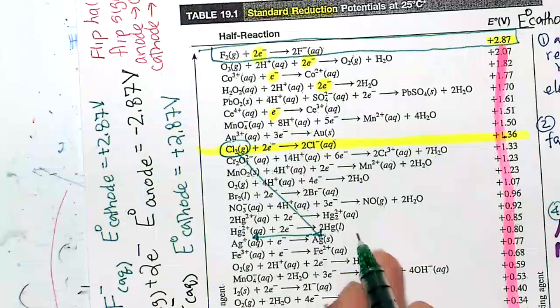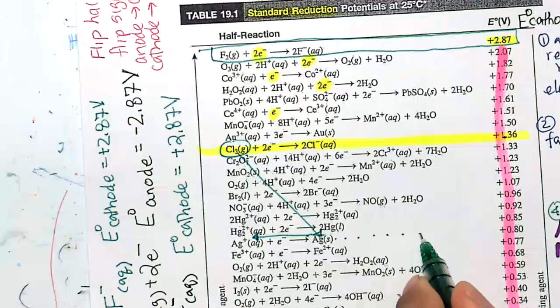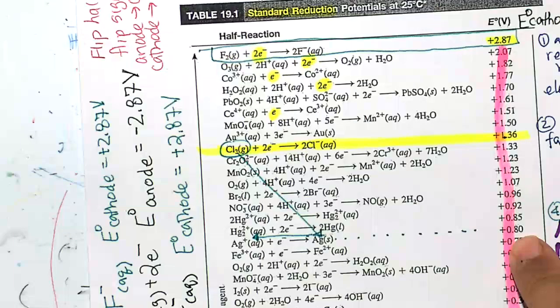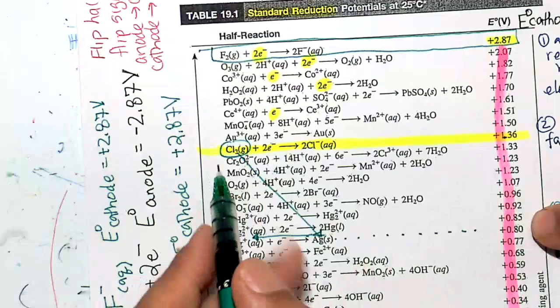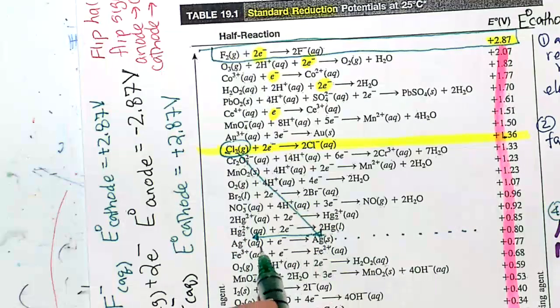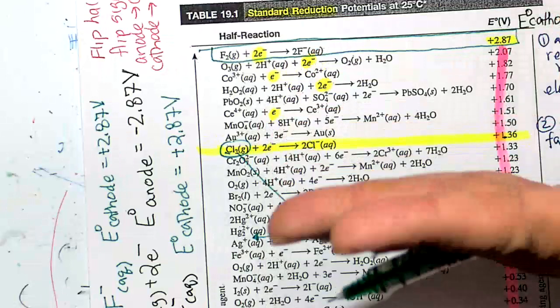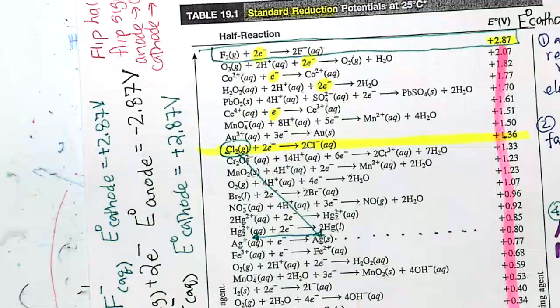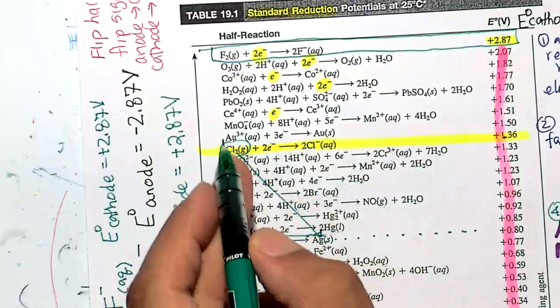If I flip this, what will this become? Negative 0.80 volts. What's 1.36 minus 0.8? Positive or negative? So the answer is Cl2 can oxidize Ag solid to Ag plus. Anything below the one you choose can get oxidized.